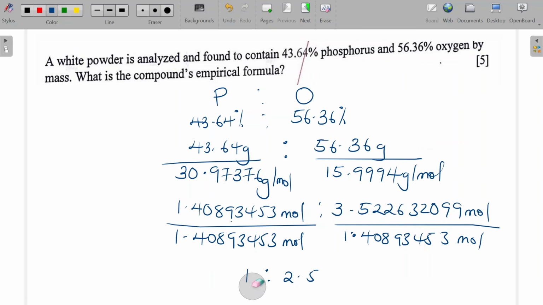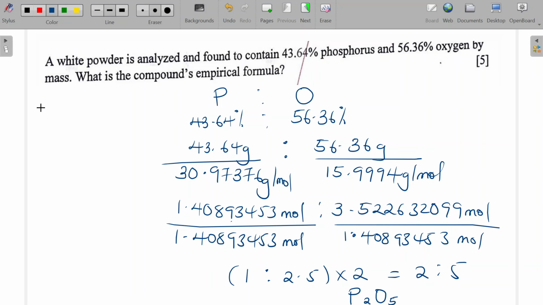So in this case, we have P, which is 1, and the oxygen, which is 2.5. We don't want 2.5, we want a whole number, so you make it a whole number by multiplying by 2. As a result, it is going to be 2 to 5. This tells us that the phosphorus is 2 and the oxygen is 5.